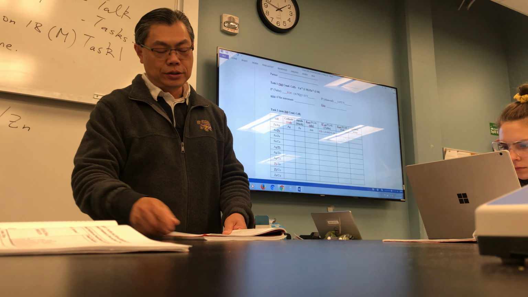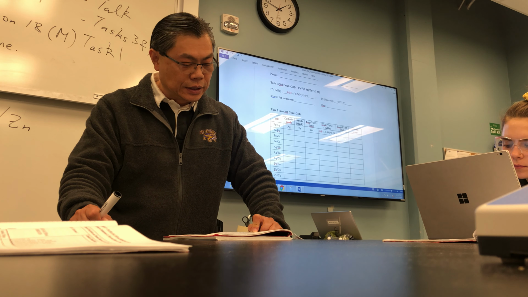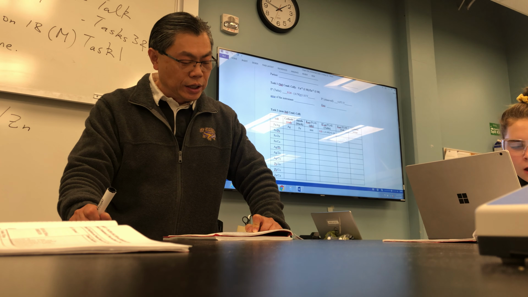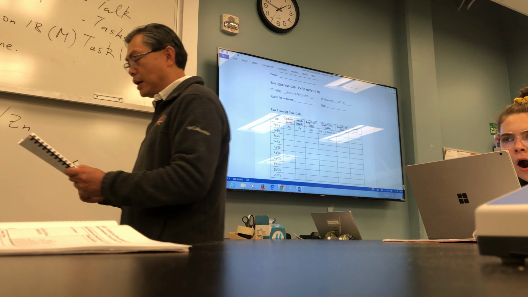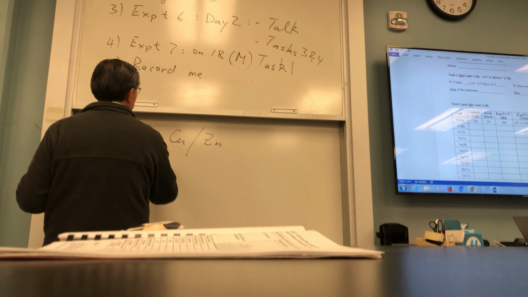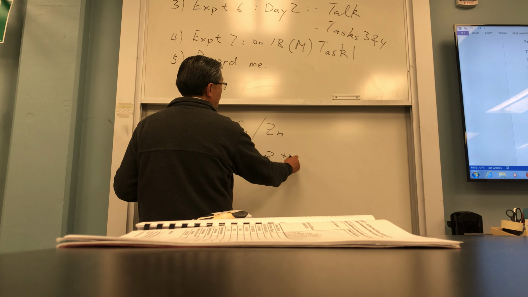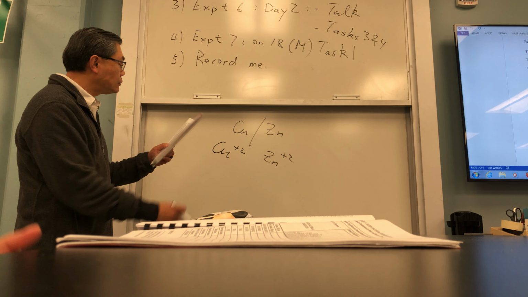So let's go back to copper and zinc. The copper is, of course, copper 2. Why copper 2? Because our solution is copper 2 ion, and zinc is also 2.